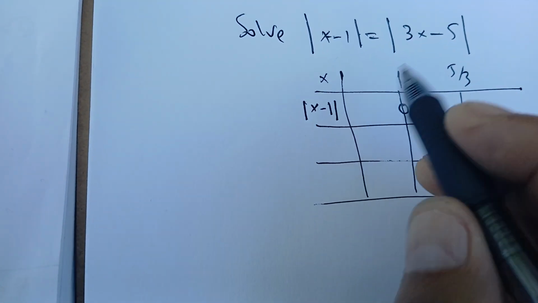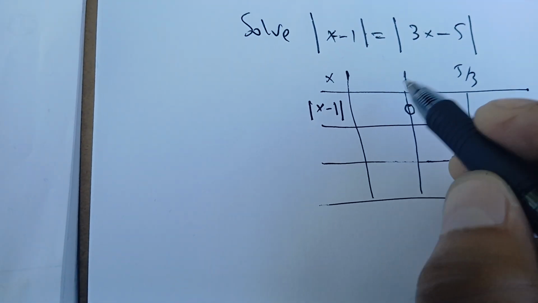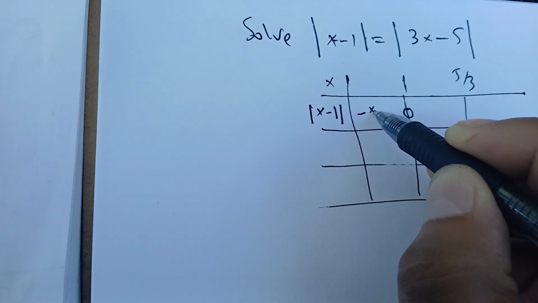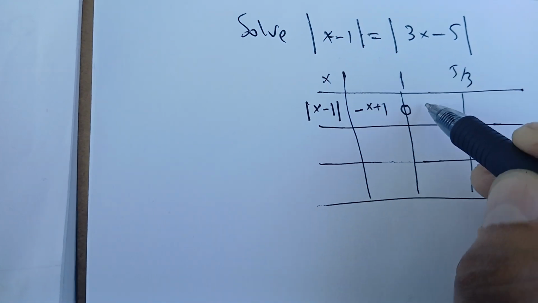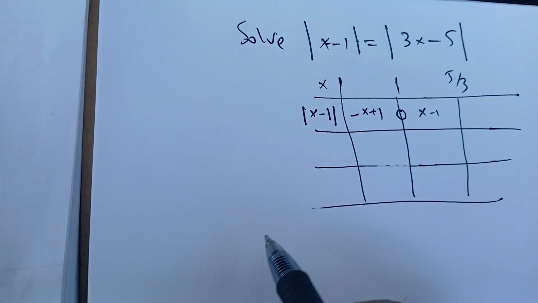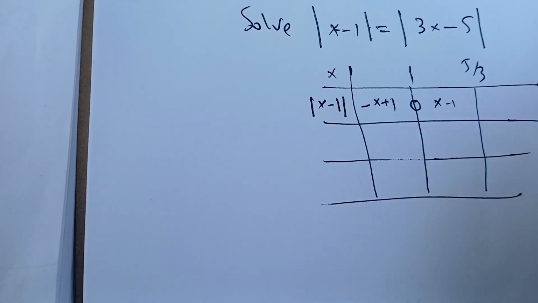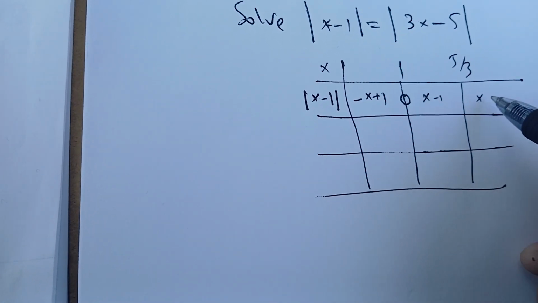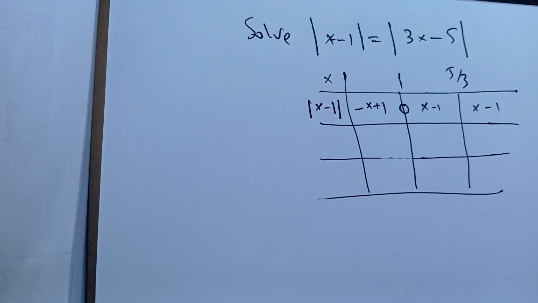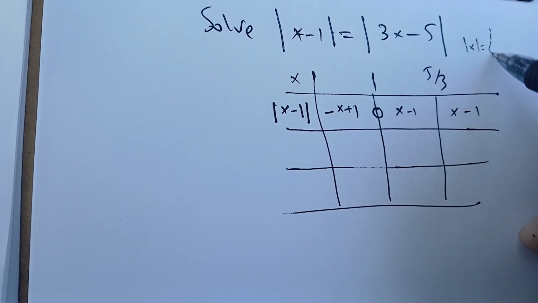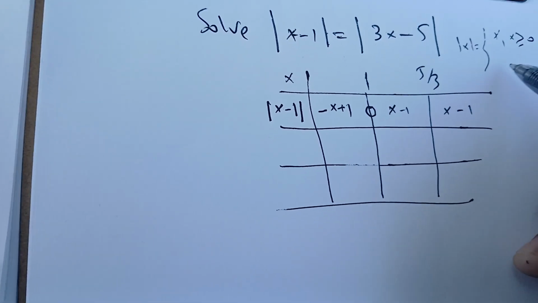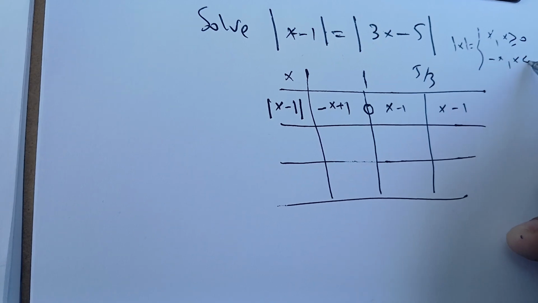When x is less than 1, x minus 1 is negative, so it's going to be minus x plus 1 to make it positive. And when x is bigger than 1, it's x minus 1. And when x is bigger than 5 over 3, it's bigger than 1, so it's going to be x minus 1, so we don't change the sign. And remember, the absolute value of x is x when x is positive, and minus x when x is negative.